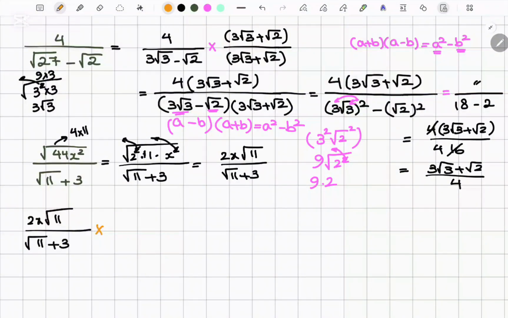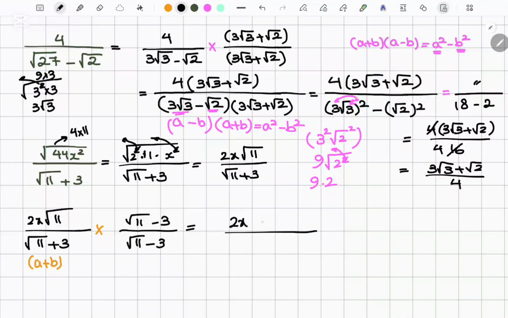So I'm going to multiply it by 1, but I'm going to make 1 in a form that I will have the special case. Look, I have the a plus b part here. I need the a minus b part. So it's going to be radical 11 minus 3. And it's going to be the same thing over the same thing because I can just multiply stuff by 1.